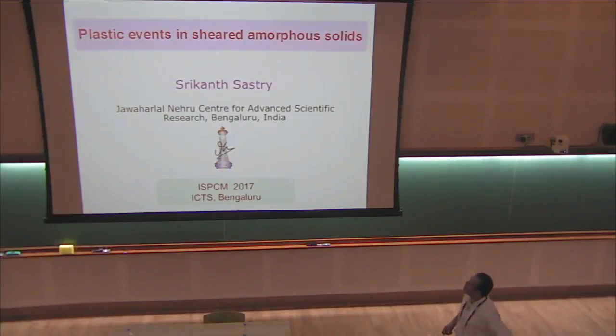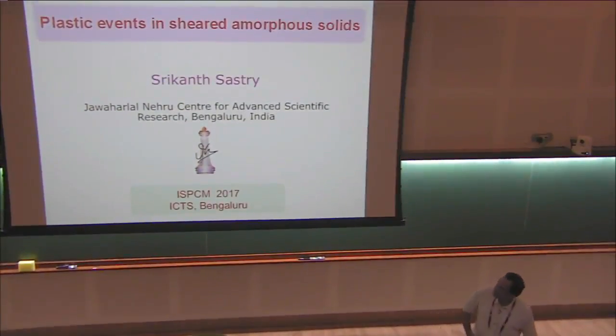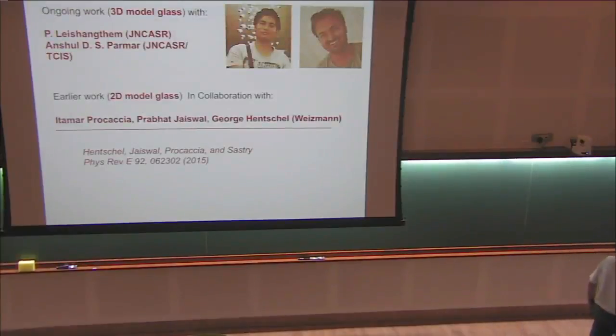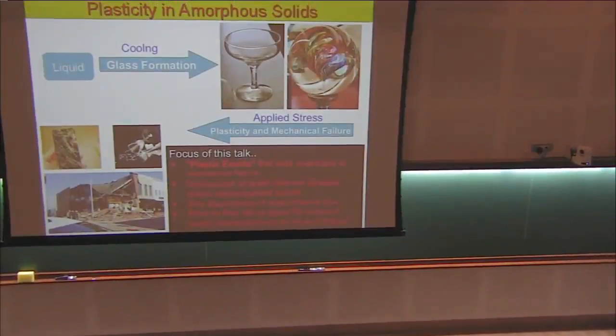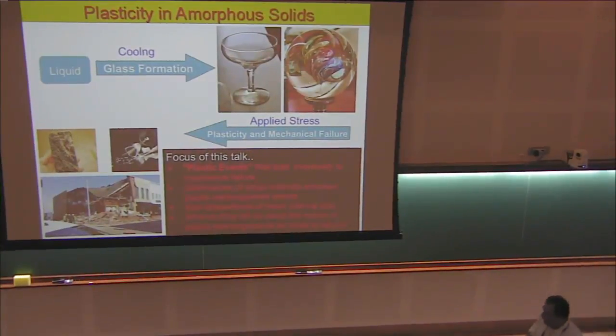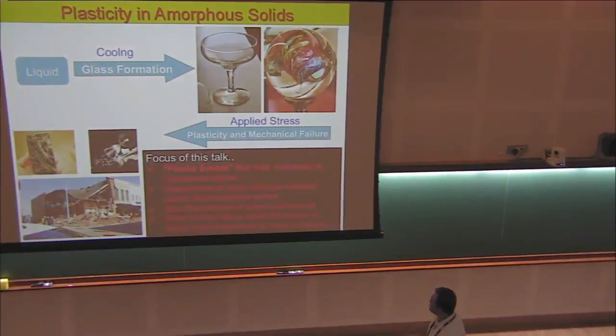This has to do with the plastic deformation events in sheared amorphous solids. This topic has been already introduced. Basically, if one looks at a glass that has been formed in some fashion, application of external stress leads to plasticity and mechanical failure. The plastic events that lead eventually to mechanical failure are what we are interested in, but a lot of the interest is what happens before you reach that point of yielding.